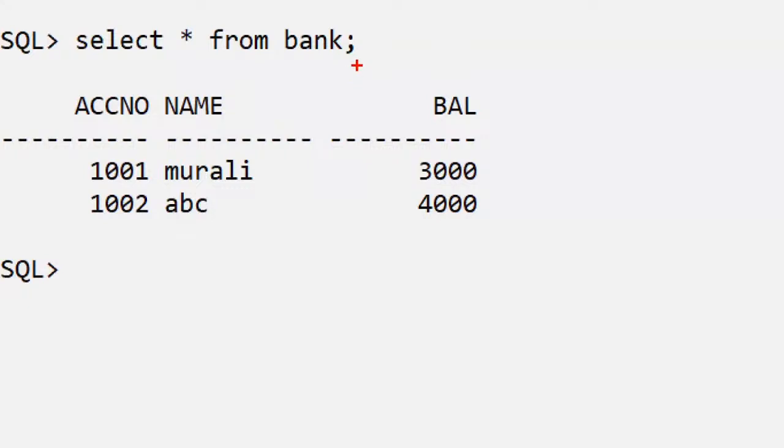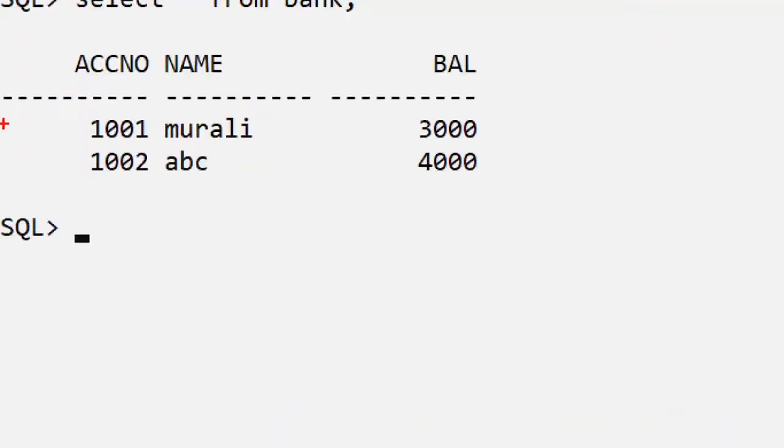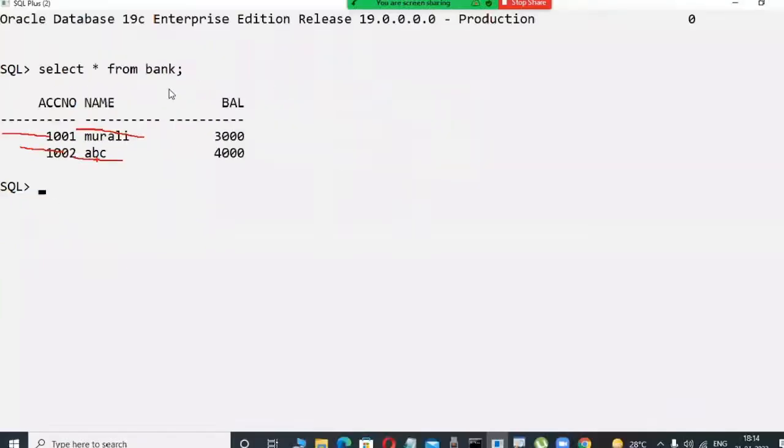Suppose this is SBI bank, and this is the data. These are columns: account number, name, and balance. These are called columns, and these rows, like 1001, are called rows or data.